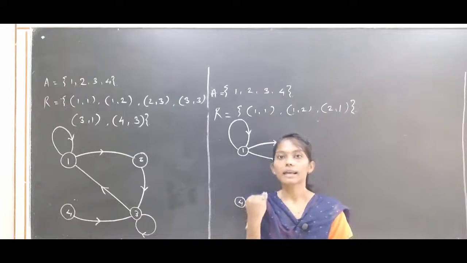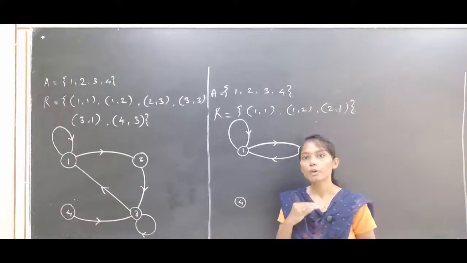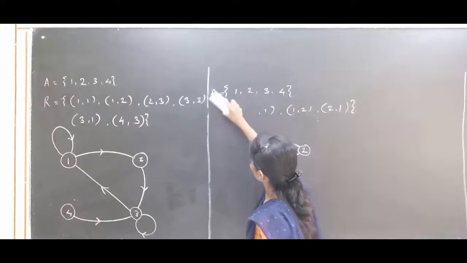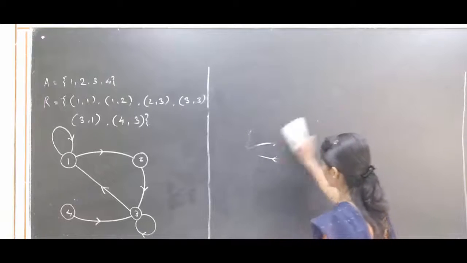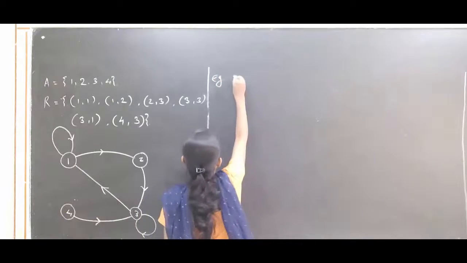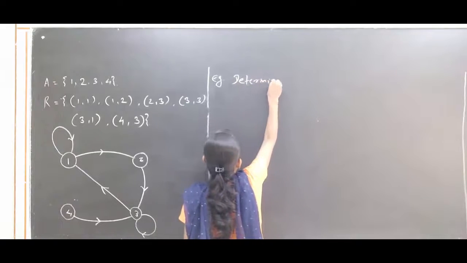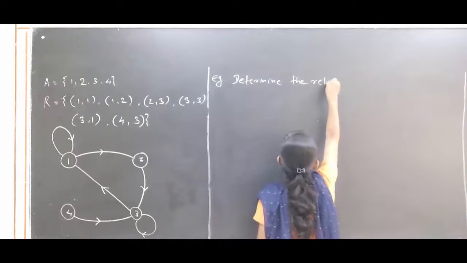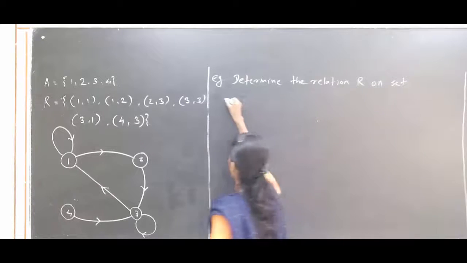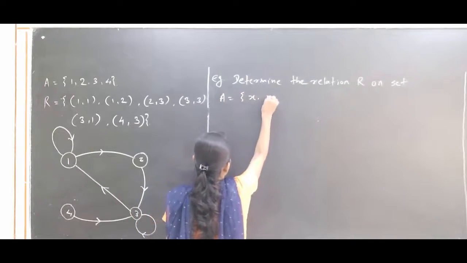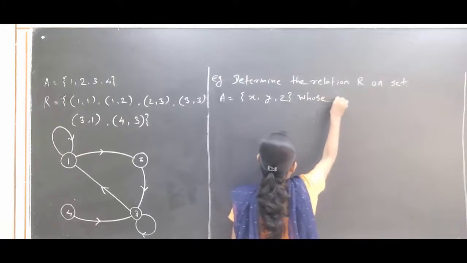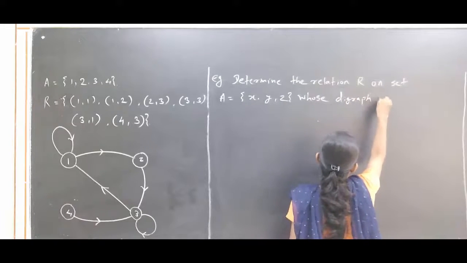In this example, the digraph is given and we want to find the relation R. Example: determine the relation R on set A = {X, Y, Z} whose digraph is given below.